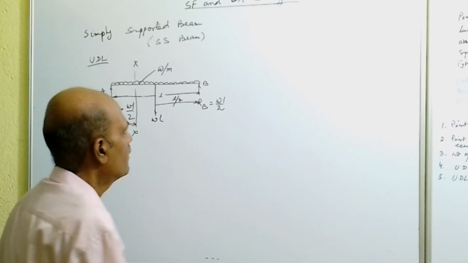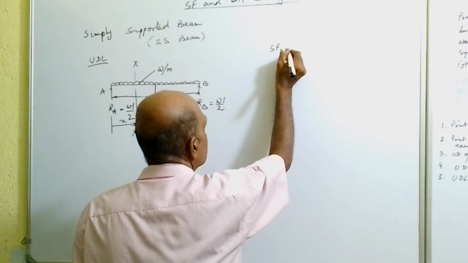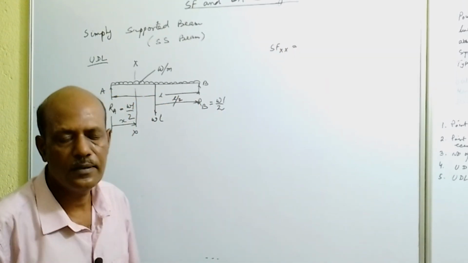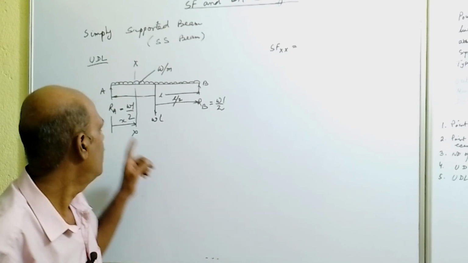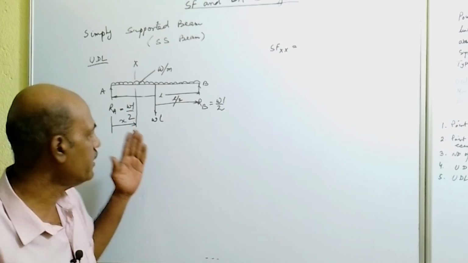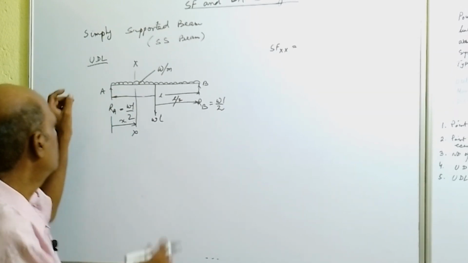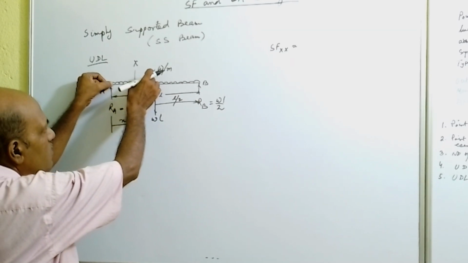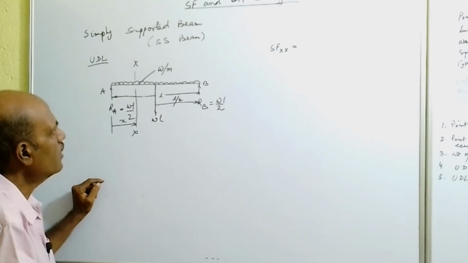Shear force at XX, as per definition, is the algebraic sum of all vertical loads acting to one side of the section considered. At the left side, the load is acting vertically downward, and RA is acting in upward direction.